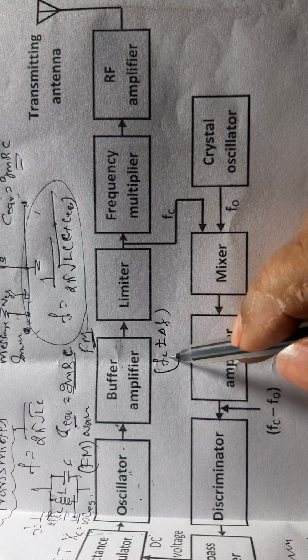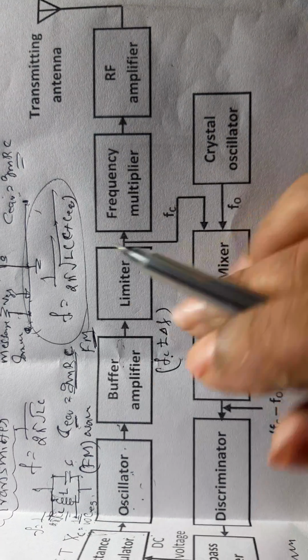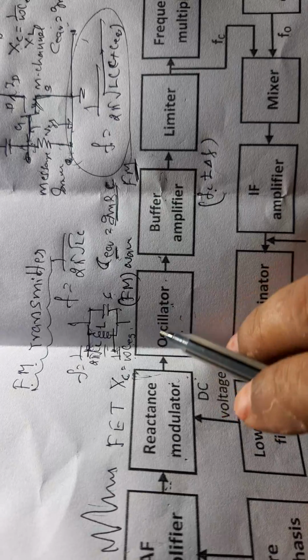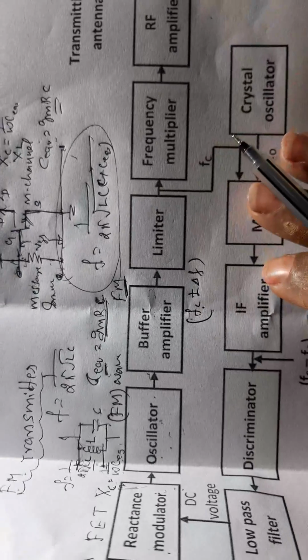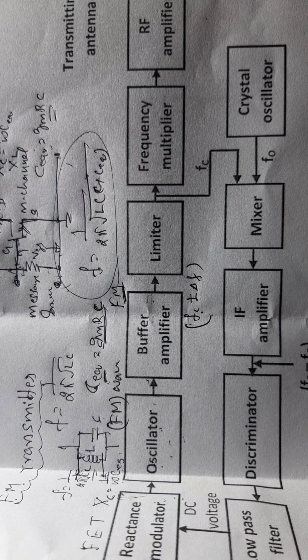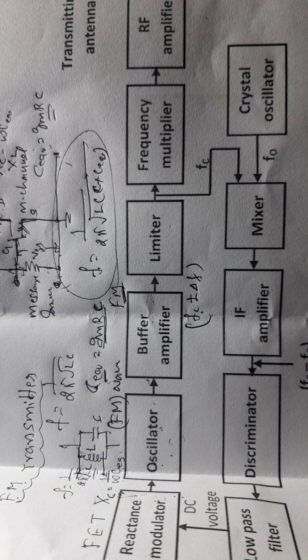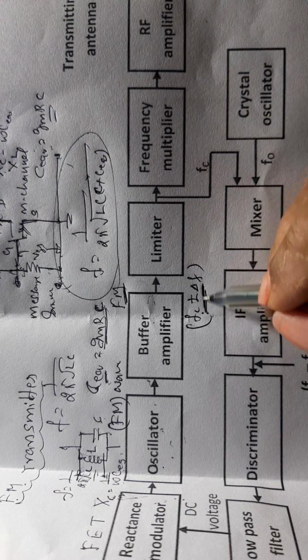So Fc is the normal carrier frequency, which is produced by the tank circuit of the oscillator, and plus or minus delta F is the carrier deviation, that is, the deviation from the frequency of the tank circuit. This deviation depends upon the reactance of the modulator, which in turn depends upon the input message signal. Therefore, this is a frequency modulated wave.